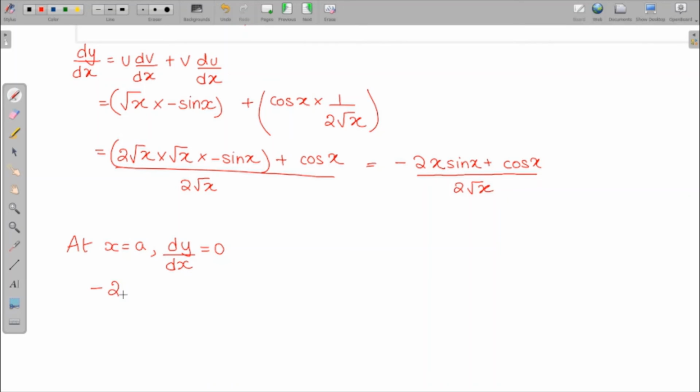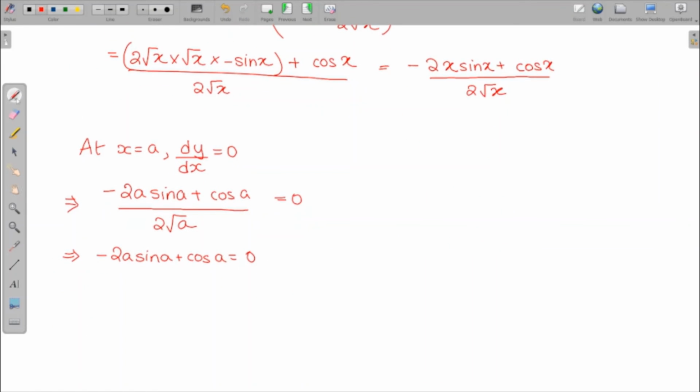So this will become minus 2a sin a plus cos a by 2 root a equal to 0. If we take the 2 root a to the right hand side and multiply it by 0, this will become 0. So this becomes minus 2a sin a plus cos a equal to 0.